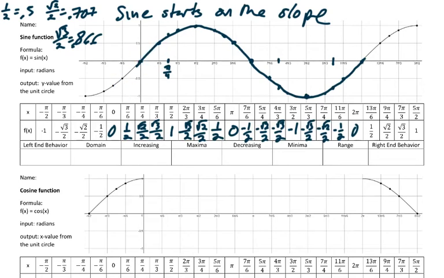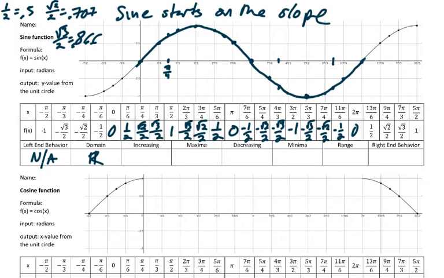Now, looking at left-end behavior, notice it's periodic, so there is no left-end behavior because it doesn't actually settle. The domain for sine is all reals because it keeps going over and over. It has increasing intervals.